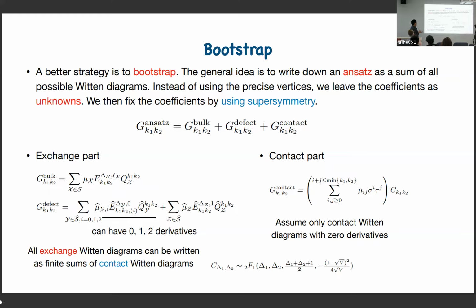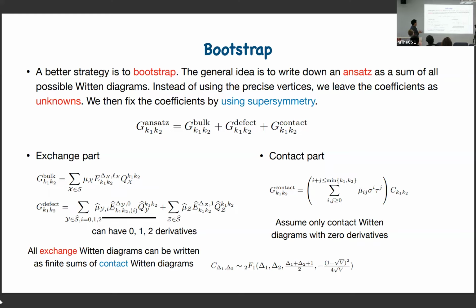Bulk exchange, defect exchange, and contact. Just as yesterday, these exchange diagrams have the same form. So you have a Witten diagram part, and you also have an internal R-symmetry polynomial part capturing the exchange of R-symmetry quantum numbers in the internal space.